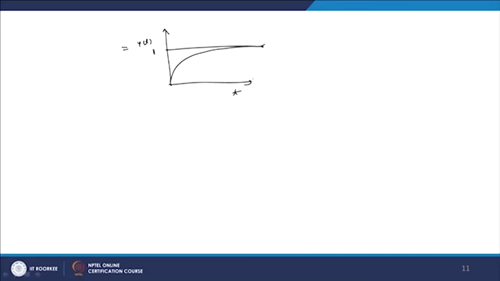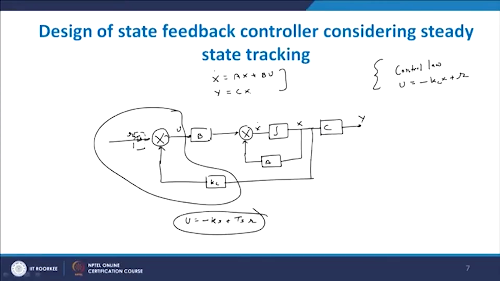So you will find that because of the additional parameter Ts in this plant, we have got steady state error 0, which means the output has reached steady state properly and tracked the reference input. This was not possible with the conventional state feedback, but it is possible now.